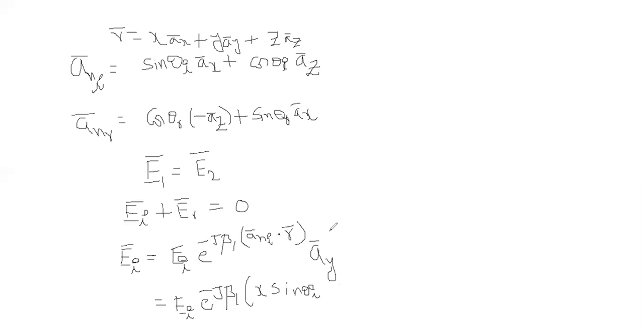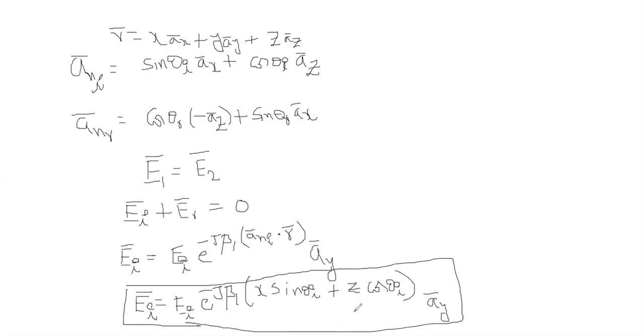And for AZ bar, the coefficient is the product of z into cos theta I, and AY bar. So we got EI bar is equal to EI into e power minus j beta 1 times x sine theta I plus z cos theta I.